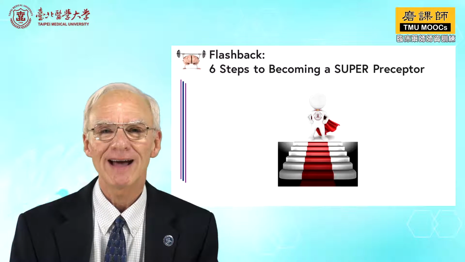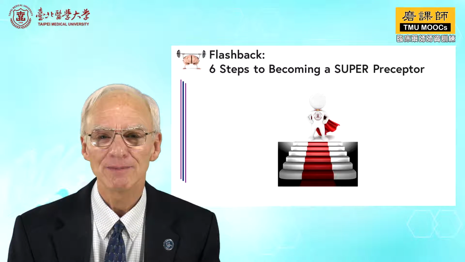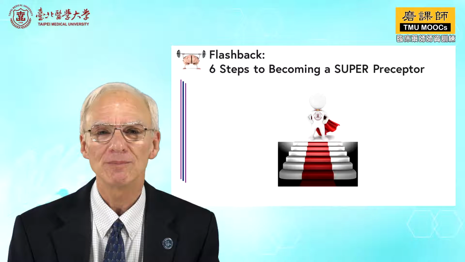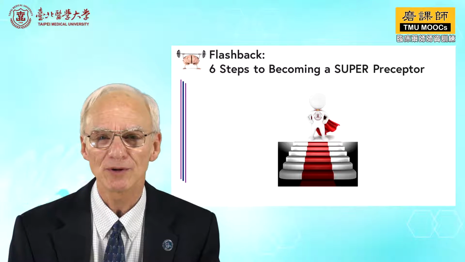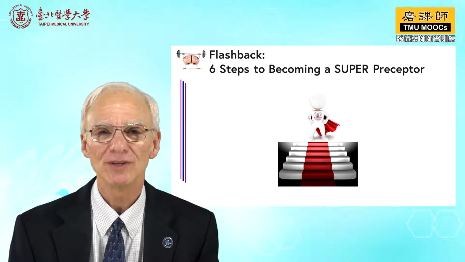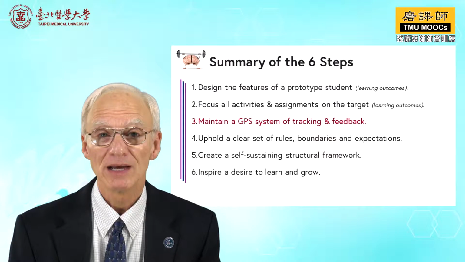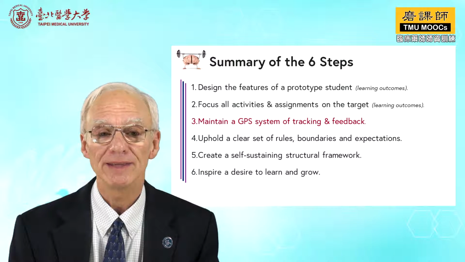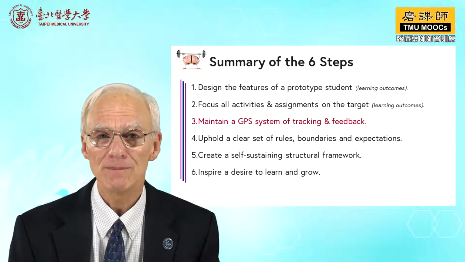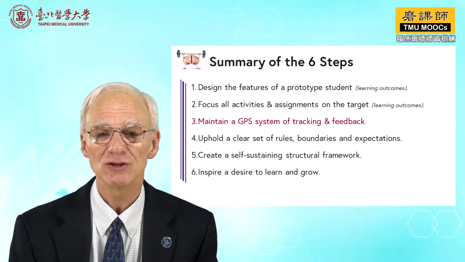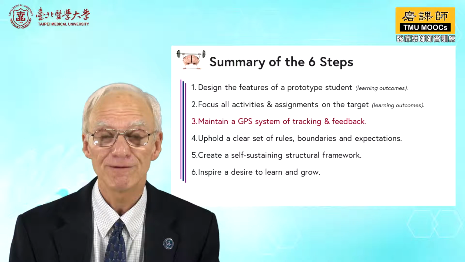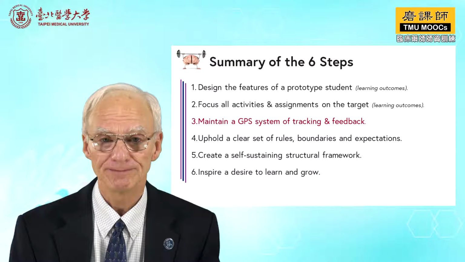Last time we presented a workshop on 6 steps to becoming a super preceptor, which was the foundation for this 5-session series on optimal outcome precepting. Just to remind you, the third element of being a super preceptor was to maintain a GPS system of tracking and feedback. And that's what we're going to be focusing on in today's session.